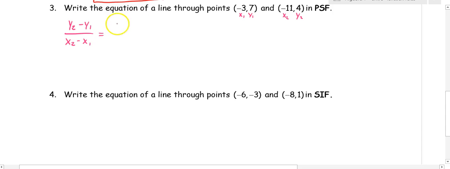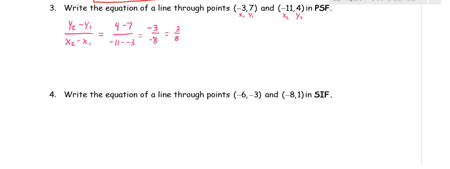So when I substitute those in, I get 4 minus 7 over -11 minus -3. That gets us -3 over -8. Because both of them are negative, we get a positive slope of 3/8.